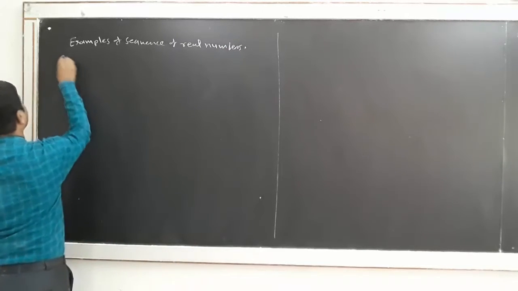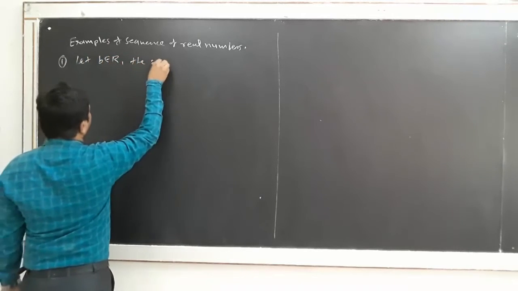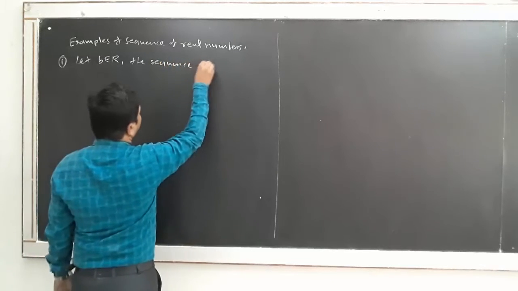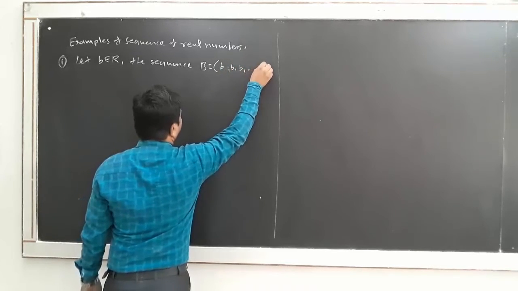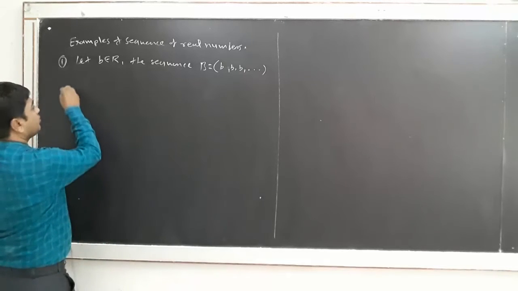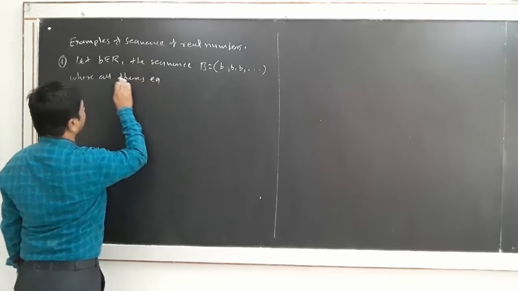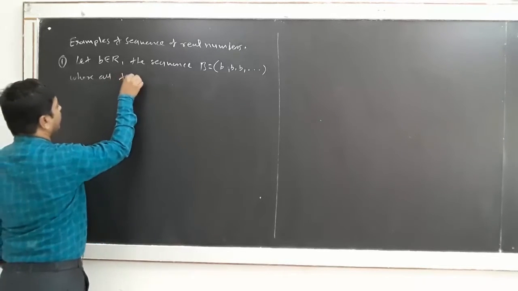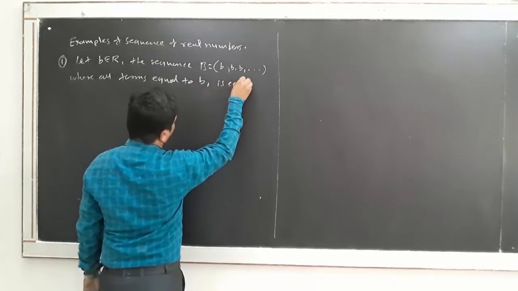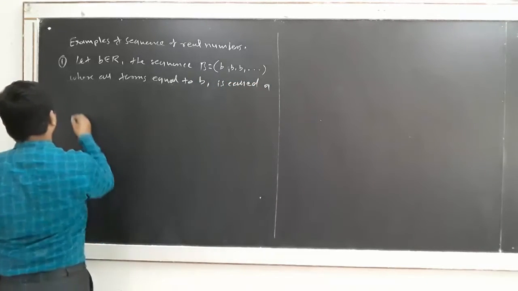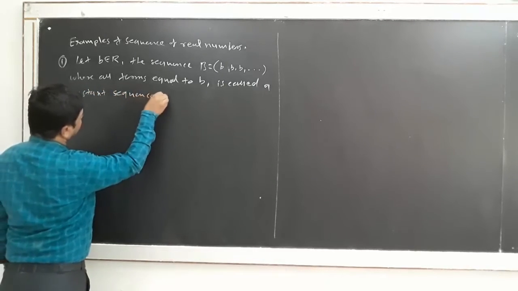So first example: let b belong to R, and the sequence b, b, b, whose all terms are equal to b, is called a constant sequence b.